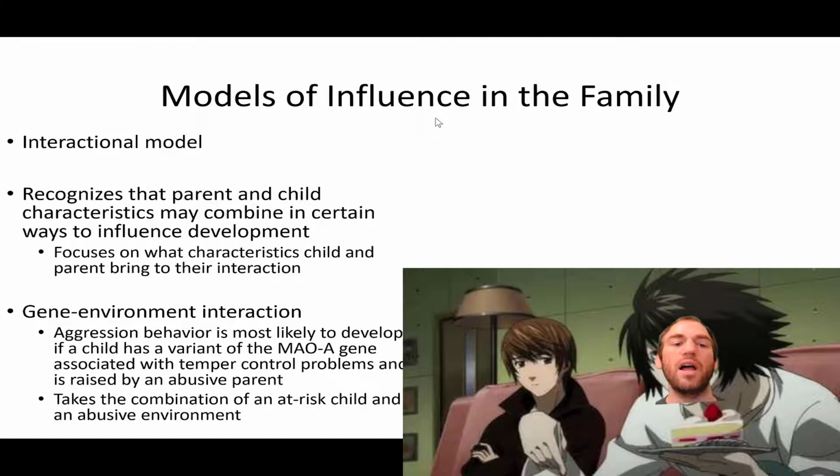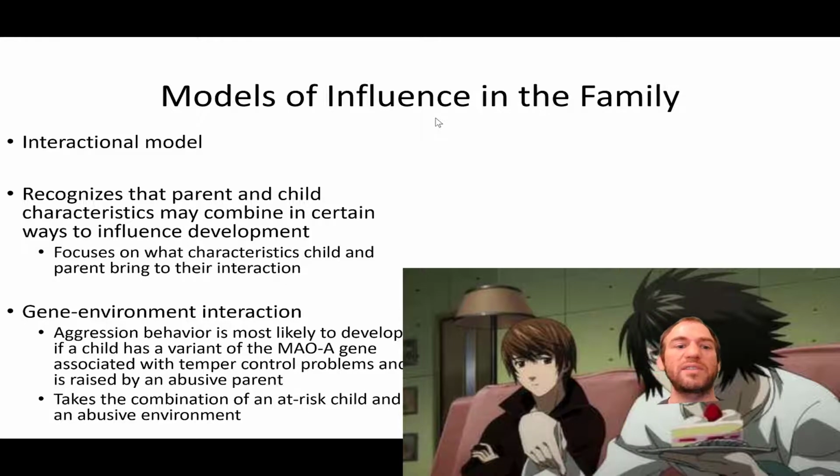So the idea here is that the children and parents have internal characteristics that they're bringing to the table, and these two characteristics are interacting, and it's easiest to understand through these gene-environment interactions, wherein a child may have a predisposition to aggressive behavior due to whatever this gene, being raised by a parent who is abusive, and that combination of an at-risk child in an abusive environment contributing to that gene being expressed, the gene that predisposes an individual to aggression being expressed through that environment of abuse.